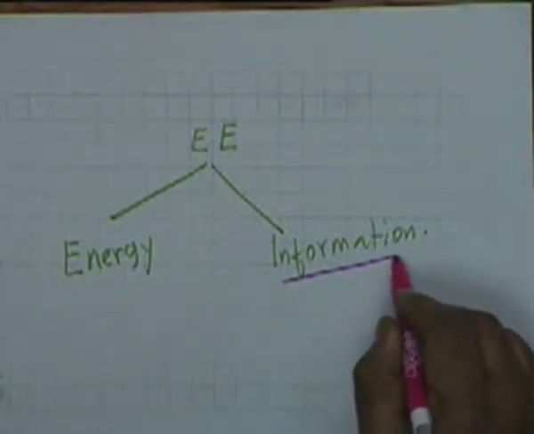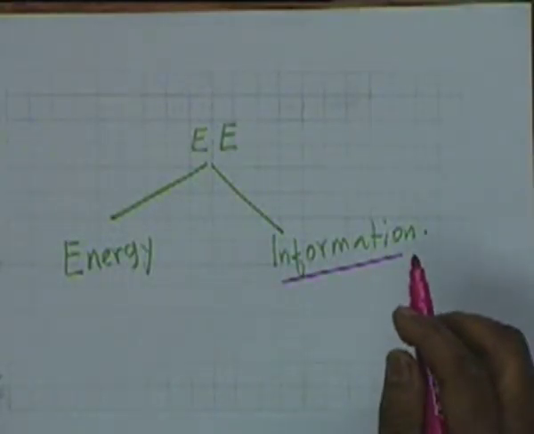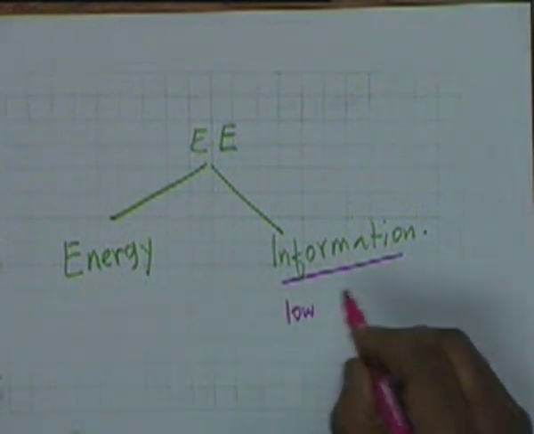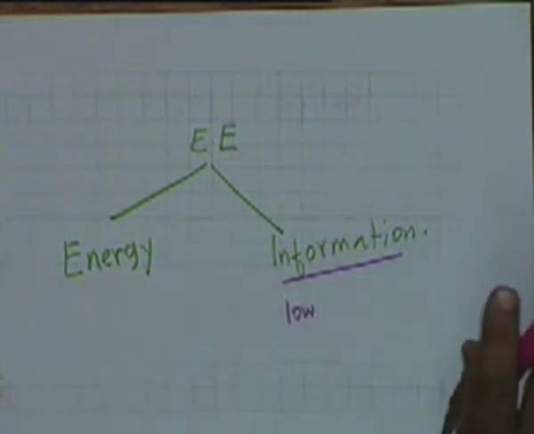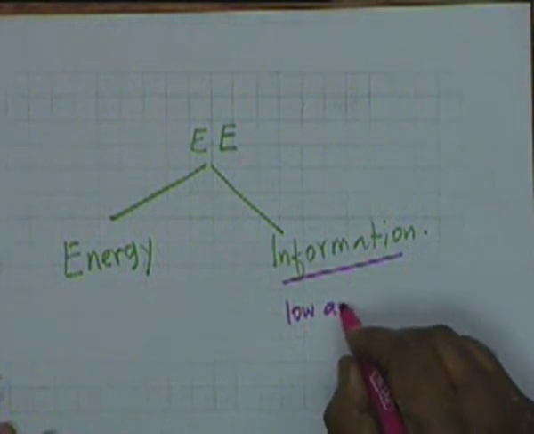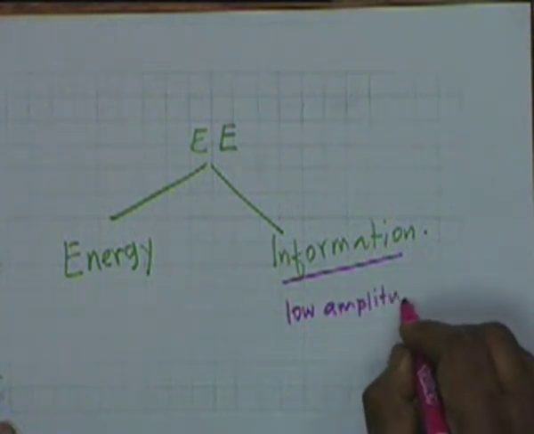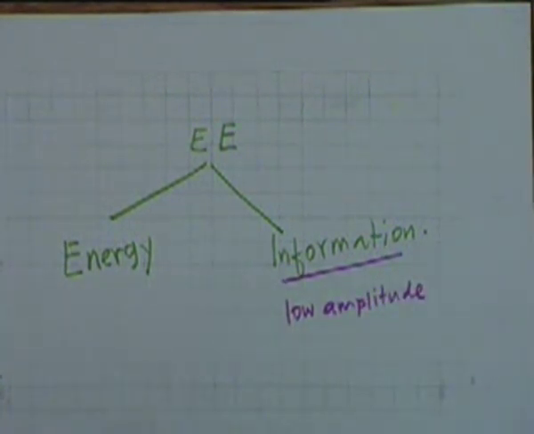This is the energy aspect, whereas the information aspect of electrical engineering deals with low amplitude. These are usual and broad definitions. They deal with low amplitude voltages and currents, usually of the order of a volt or less, currents of the order of a milliampere or less, although power also is important.